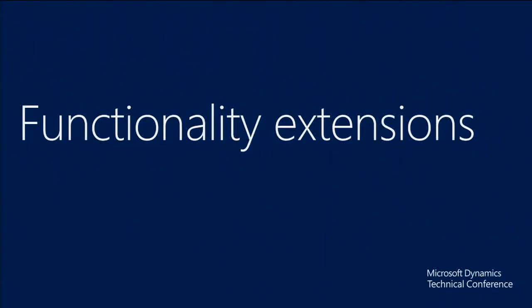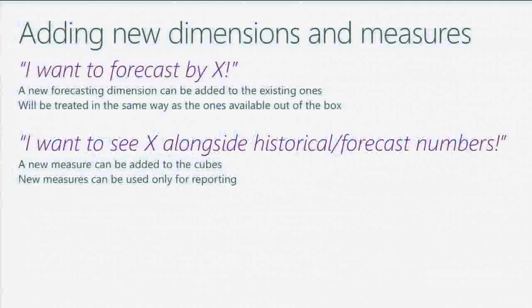Okay, the next part is about the functionality extensions. So we heard from many customers that they want to generate the forecast per different forecasting dimensions. And some of those dimensions may even not exist in AX because they might have some custom code with those dimensions.